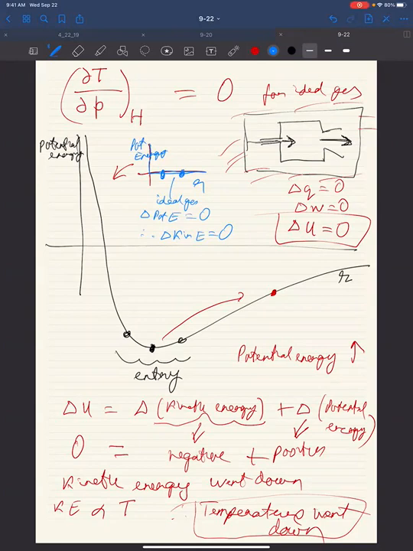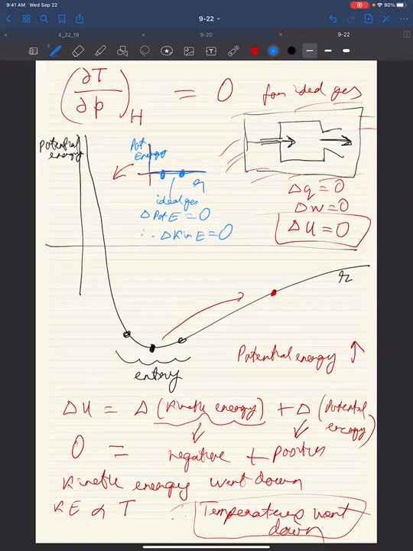So therefore, if you define delta P as P initial minus P final, then delta P is positive. And delta T is also positive. So what does this mean about mu? Positive. So for any non-ideal material, the Joule-Thomson coefficient is positive.